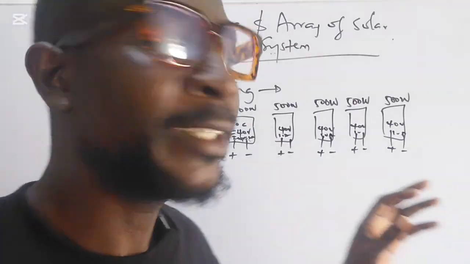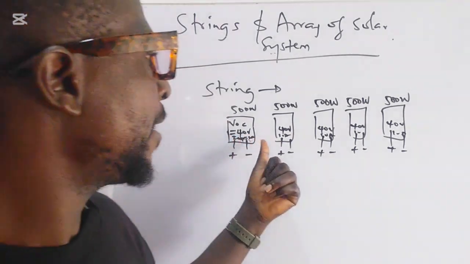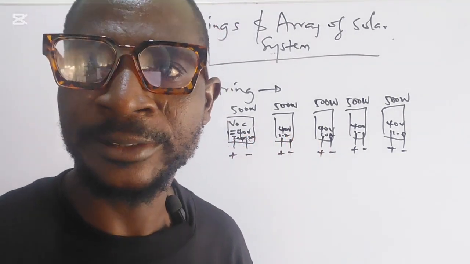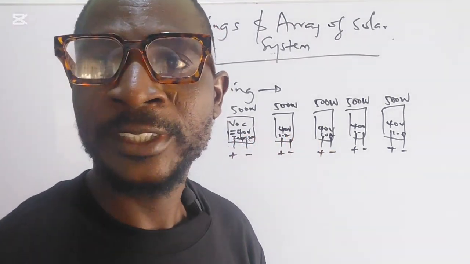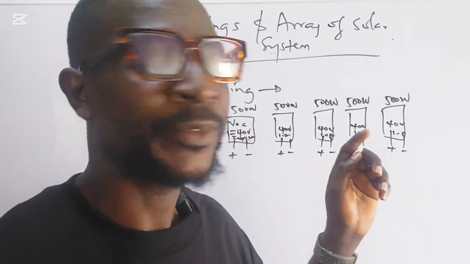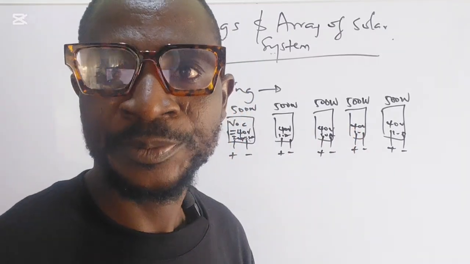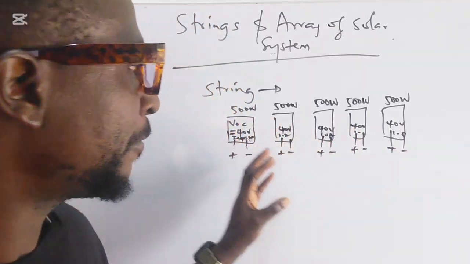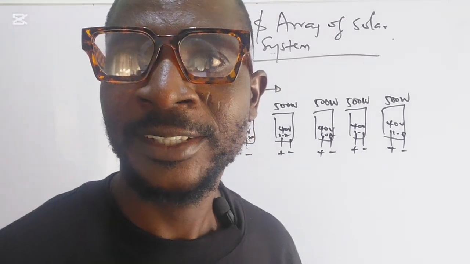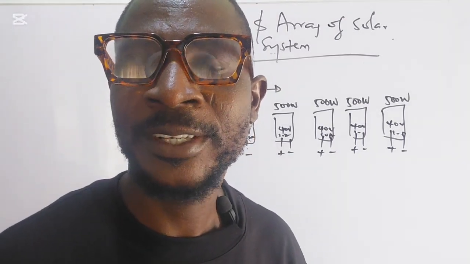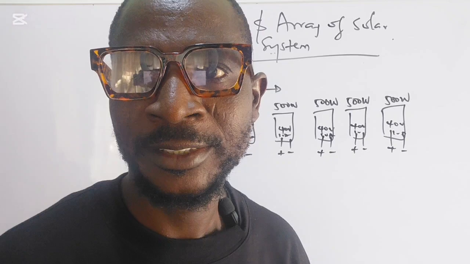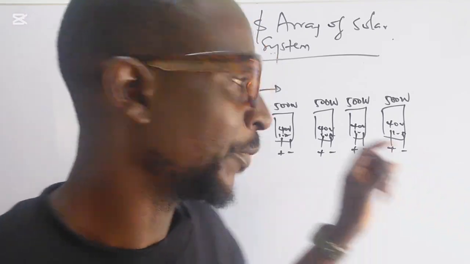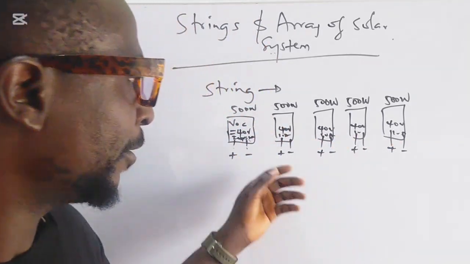Now, let's look at this. We have 5 solar panels, and the wattage of each of the solar panels is 500 watts. If we connect these 5 panels in series in order to achieve a high voltage, this is what we call a string. Now, how do we connect it?